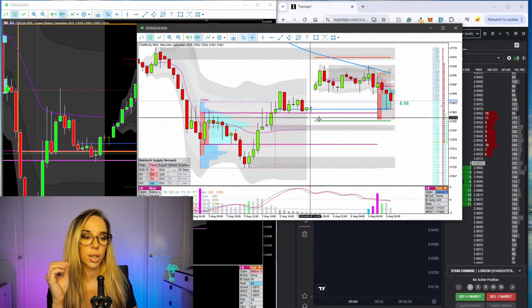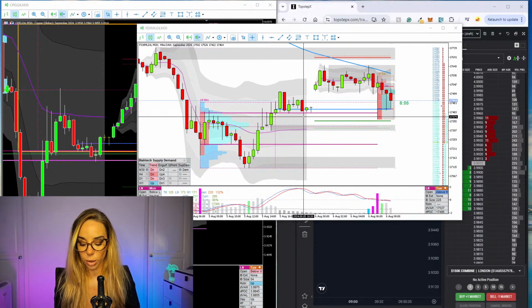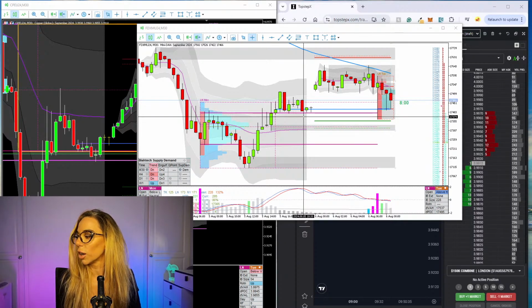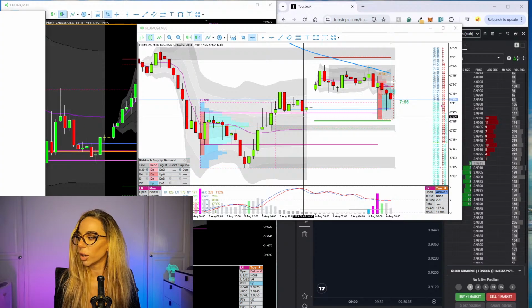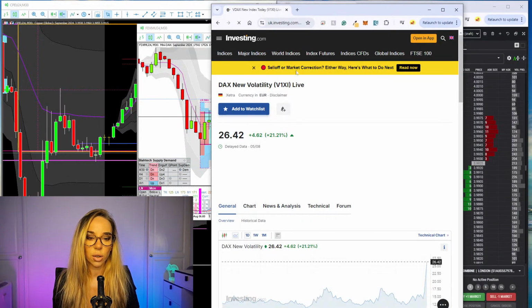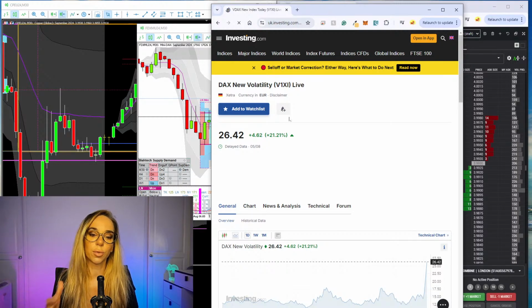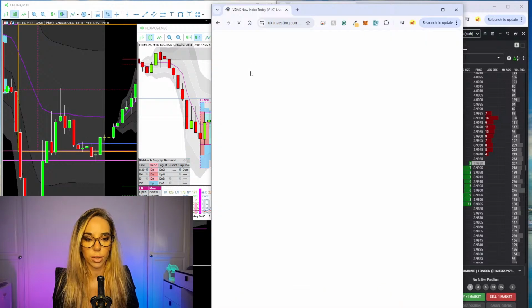But caution, because DAX does have moments of being quiet. And like with anything else, there is a DAX VIX that I like to track quite frequently. I like to see DAX VIX over 17, and we're now over 26. So that's actually a pretty nice sort of market condition for intraday trading purposes.